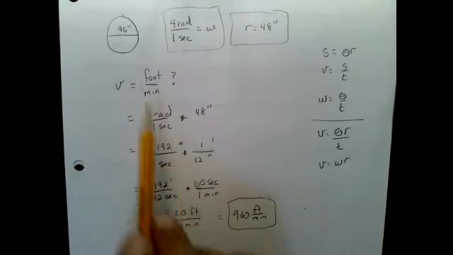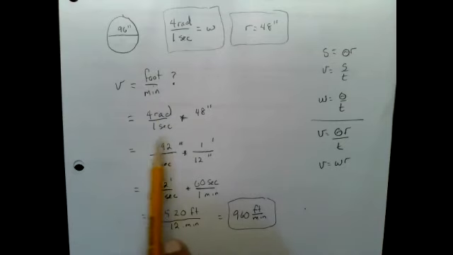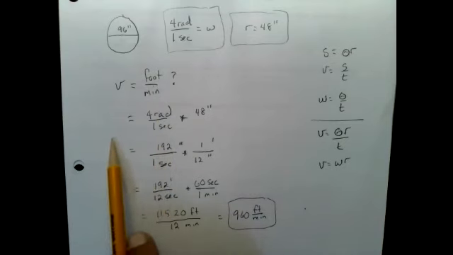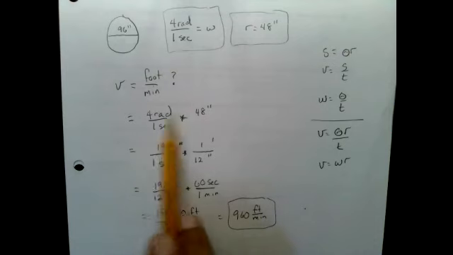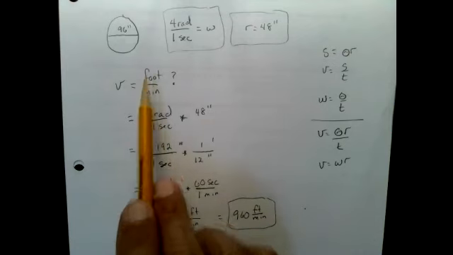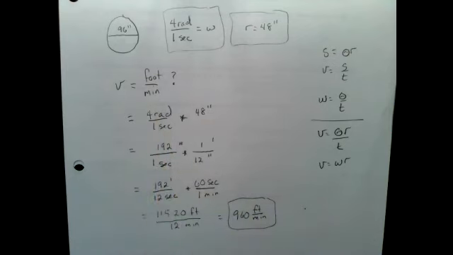But I got so far to here, and then I went, uh-oh, I have an answer, but it's inches per second, not feet per minute. So I had to keep doing some conversions. I got rid of the inches and made feet. I got rid of the seconds and made minutes.